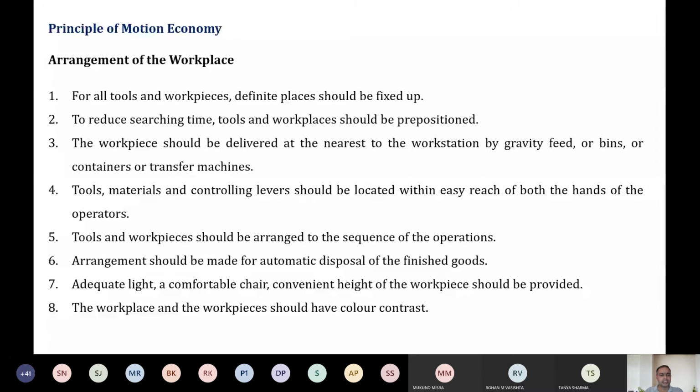Then there should be automatic disposal of the finished goods: whenever you finish, you put it on a conveyor, and it takes it away. Then adequate light, a comfortable chair, and a convenient height of the workpiece should be provided. Sometimes it is better to use color differences.